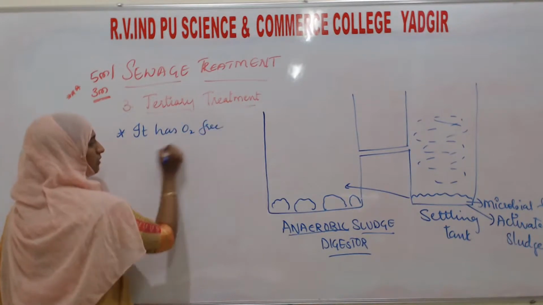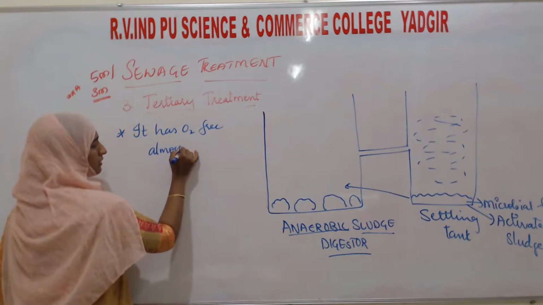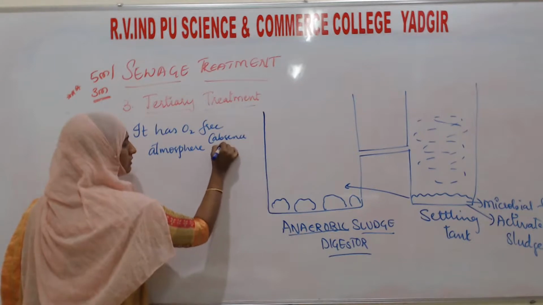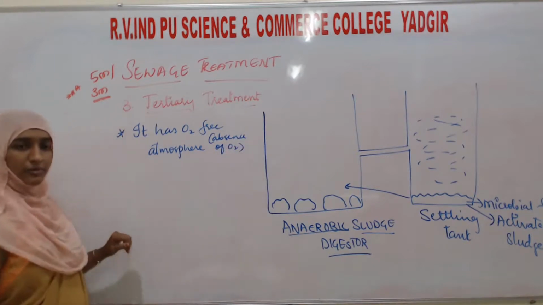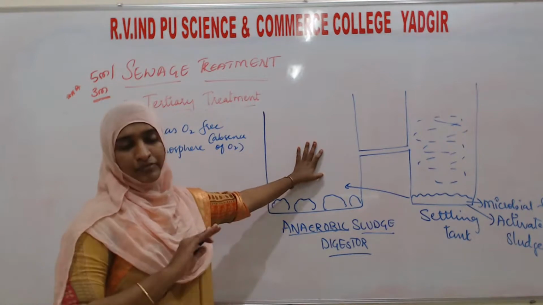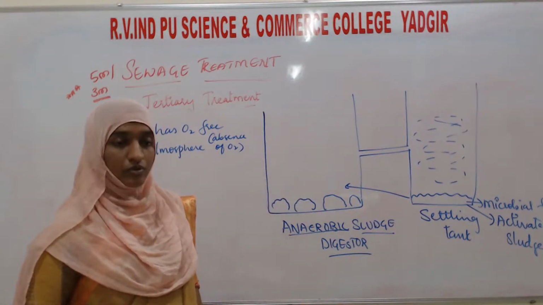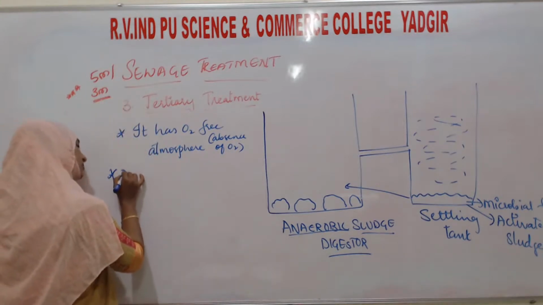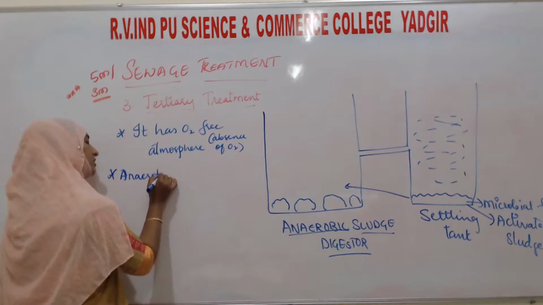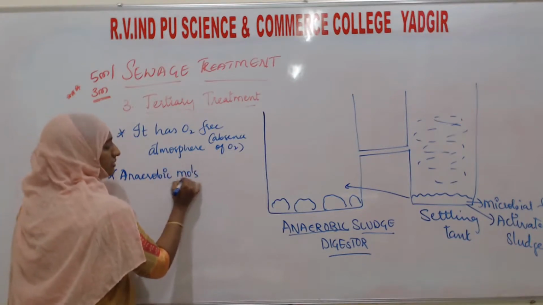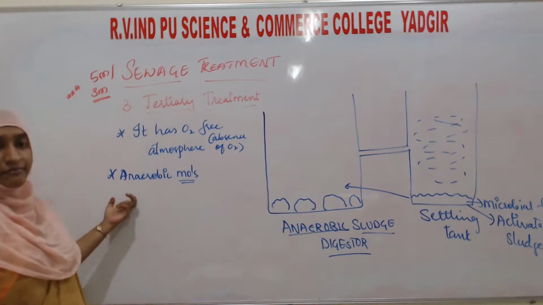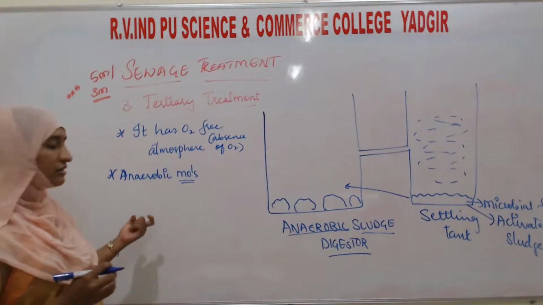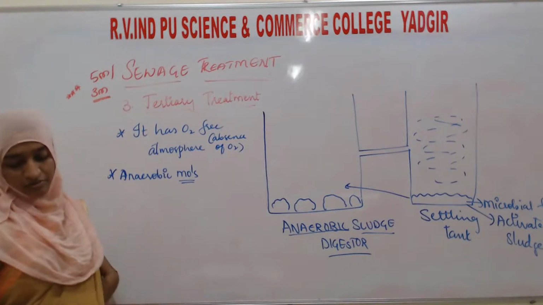If there is no oxygen, which type of microbes will be present? The anaerobic microorganisms will be there, the microorganisms which can survive in the absence of oxygen. So we call them anaerobic microorganisms.